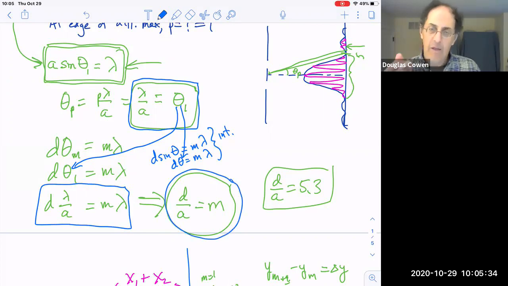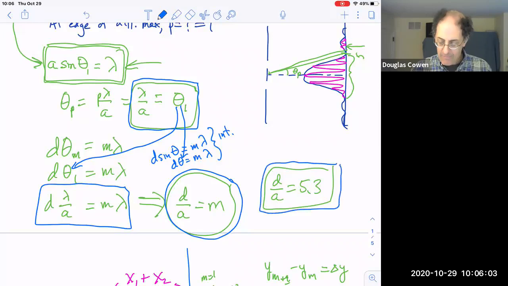So what this tells you is that the number of orders of the interference pattern, where m is the order, that fit within the first diffraction minimum is given by d divided by a, where d is the distance between the interference slits and a is the width of each of those slits. Now we know that that's given in the problem as 5.3.